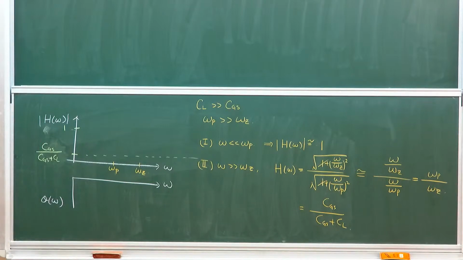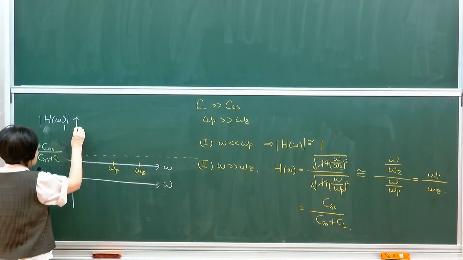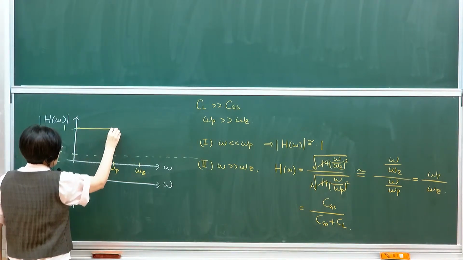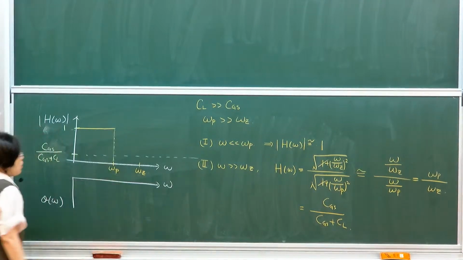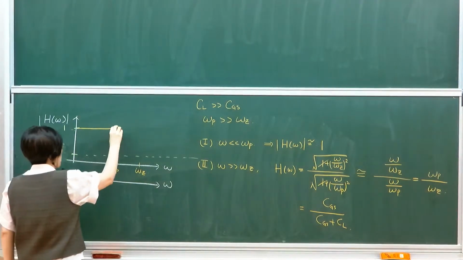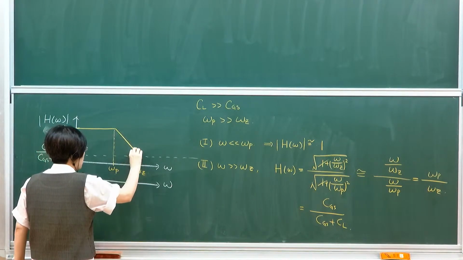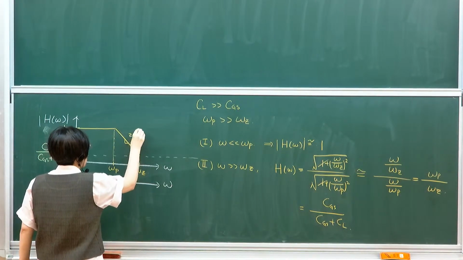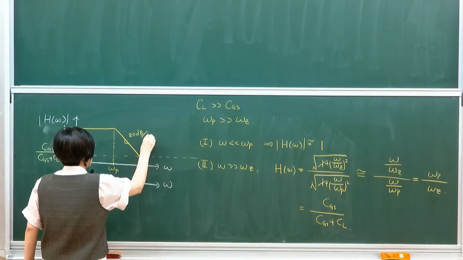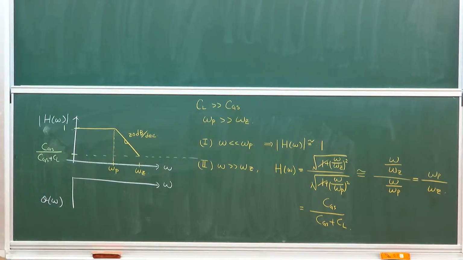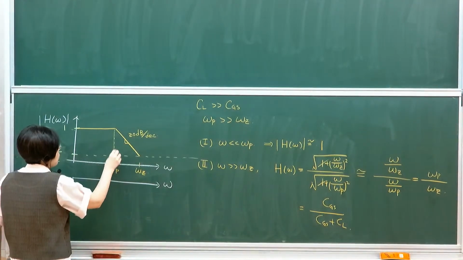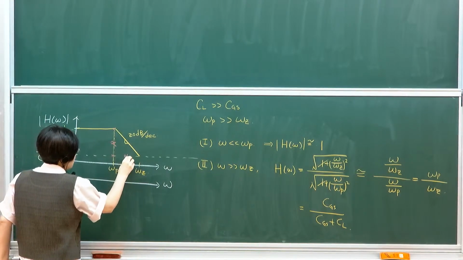So if I want to draw my transfer function, start at 1, and then once it hits omega p, it should be minus 3 dB, and then it should drop at a rate of, once again, 20 dB per decade. Okay? As I said, you can double check because it's 20 dB per decade. That simply means that this distance, the ratio between these two, is the same as this.